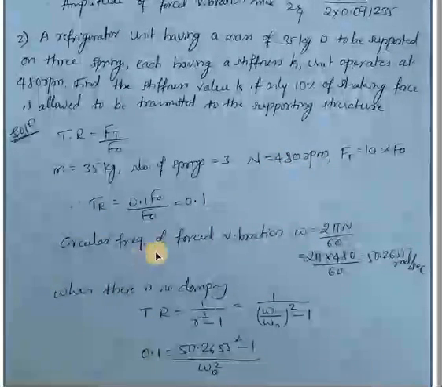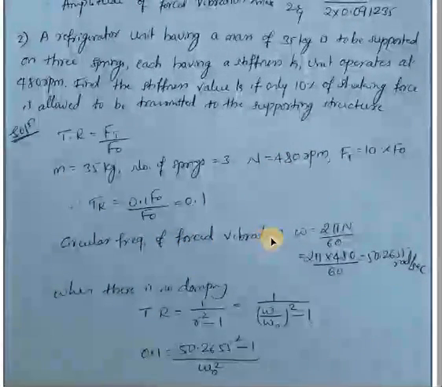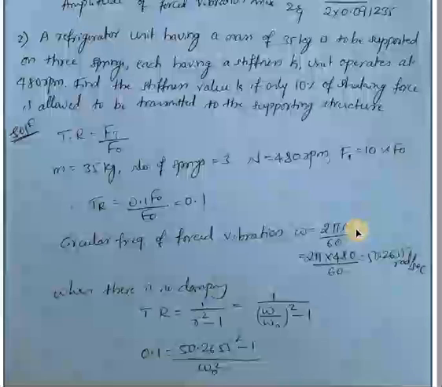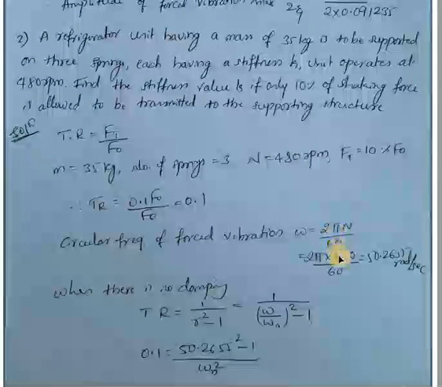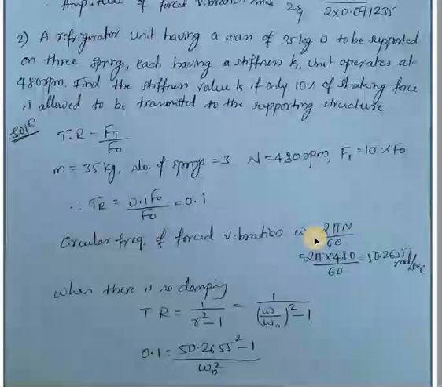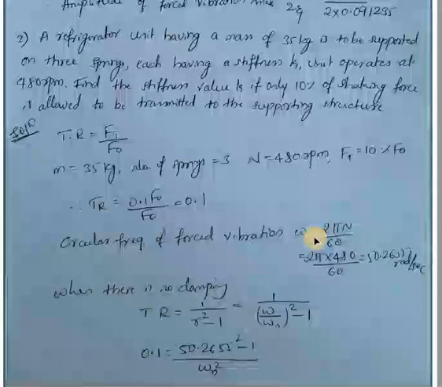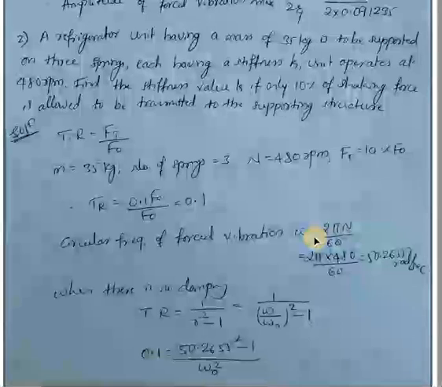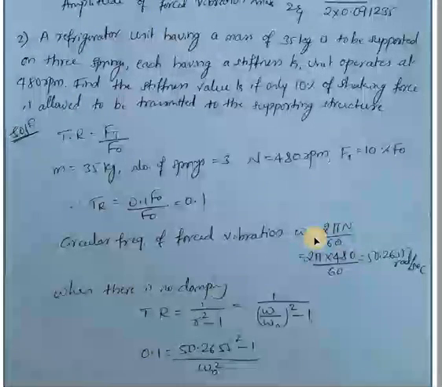Now with the help of the given speed, we can calculate the circular frequency of forced vibration, that is omega. Omega equals 2 pi n by 60. In place of n you substitute 480 rpm. Don't get confused between omega and omega n. Omega is the circular frequency of the forced vibration and omega n is the natural frequency.